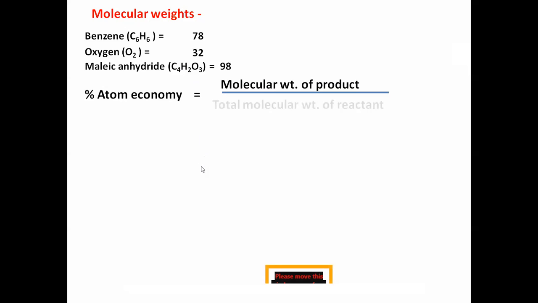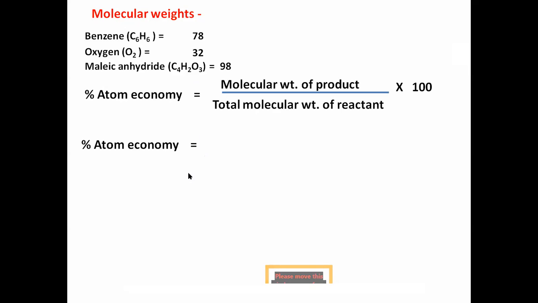So percentage atom economy is equal to what? The molecular weight of product, in this case the molecular weight of maleic anhydride, divided by the total molecular weight of all reactants, not catalyst, into 100. So the atom economy of this reaction is: molecular weight of product is 98, upon 78 for benzene plus 4.5, the total oxygen molecules we need to perform this reaction.